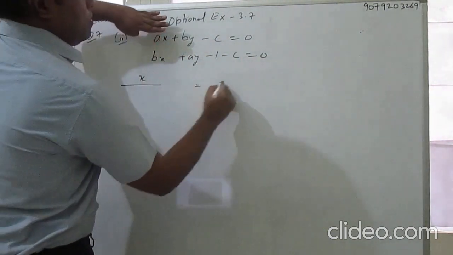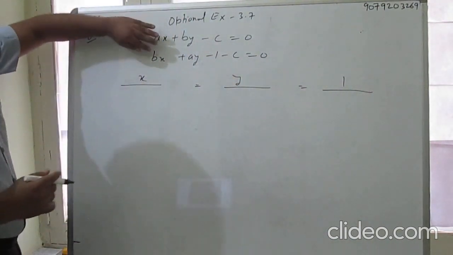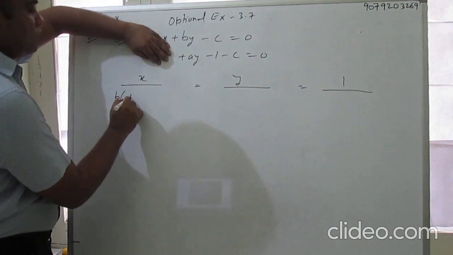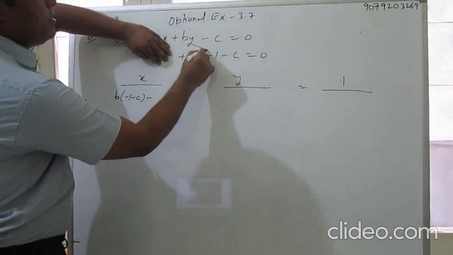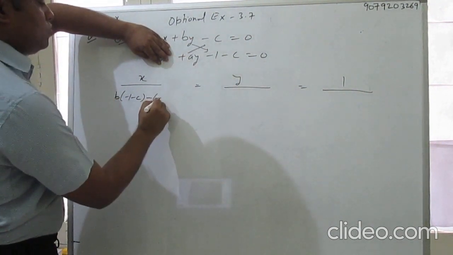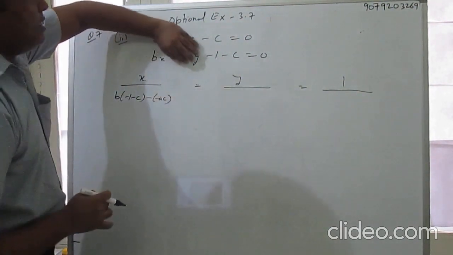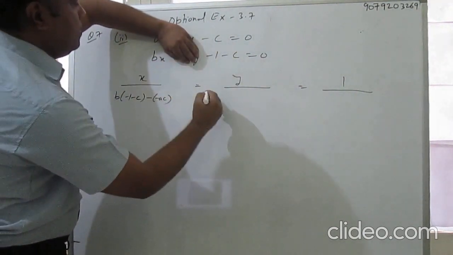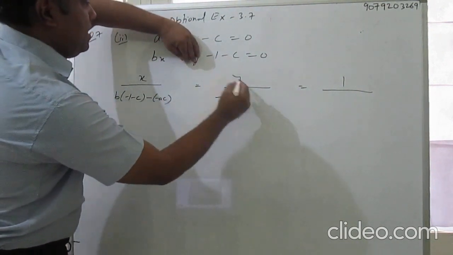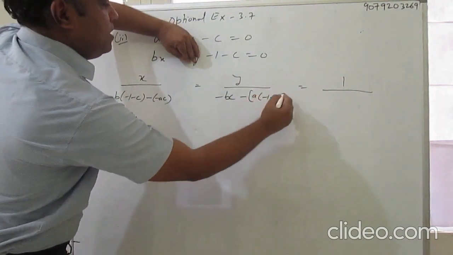x, y and 1. Now see here, if I hide this, cross multiplication: b into minus 1 minus c, formula is minus this into this and minus a into this, so it is minus ac, minus ac. Now hide this: minus c into b, minus bc, minus, now multiply this minus a, minus multiplied a minus 1 minus c.